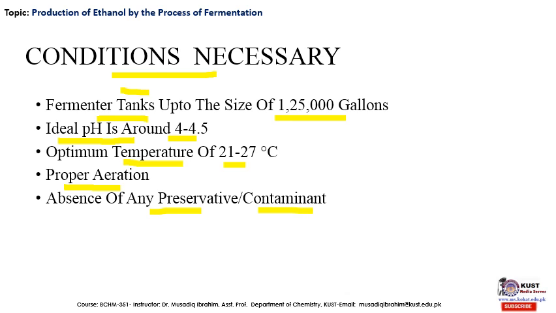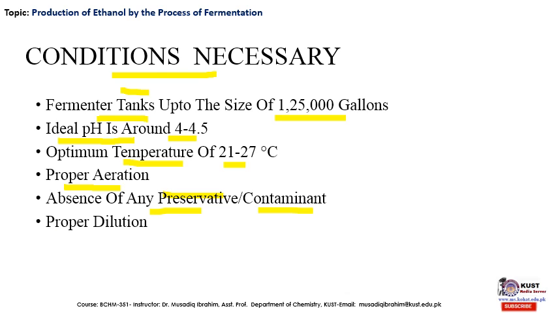The contaminant can be in the form of another bacteria or phage, which can kill the bacteria producing the ethanol, and as a result the whole process can become faulty. The preservatives should not be added because these preservatives are normally chemicals and they can damage the metabolism of the bacterial cells.